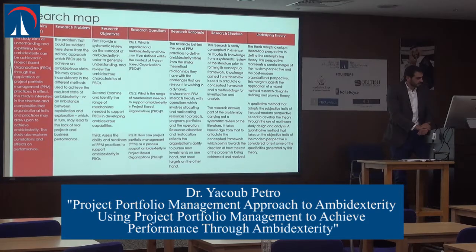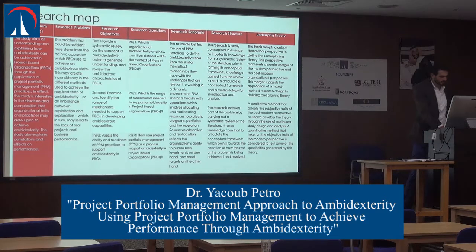And the reason I've done that, one of the reasons, is because these are sound and good practices that have been published by the PMI and everybody uses. We want to see if they work and if we can achieve ambidexterity through those. The second reason is because I have a scholarship from the PMI, and so I need to align my interests with theirs and for them to be able to pay money.